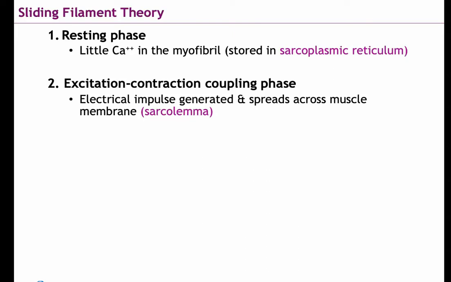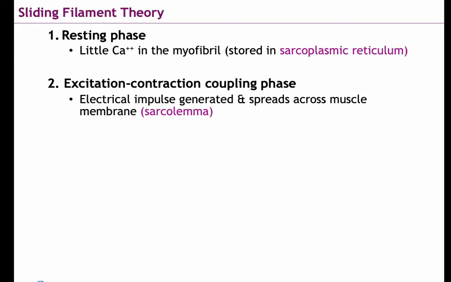So here, an electrical impulse, which is an action potential, is generated and spreads across the muscle membrane, which we refer to as the sarcolemma. If you know anything about action potentials from A&P 1 or A&P 2, you know there's an exchange of sodium and potassium back and forth across the neuron or across the cell, basically.